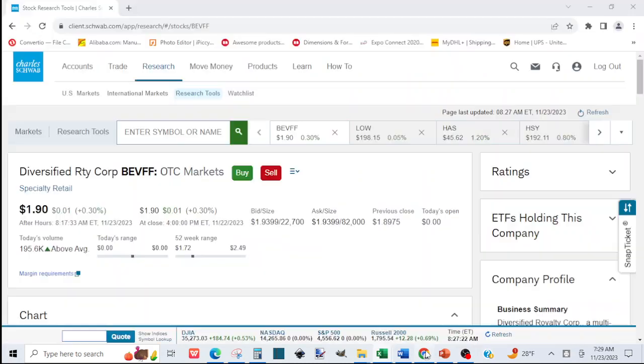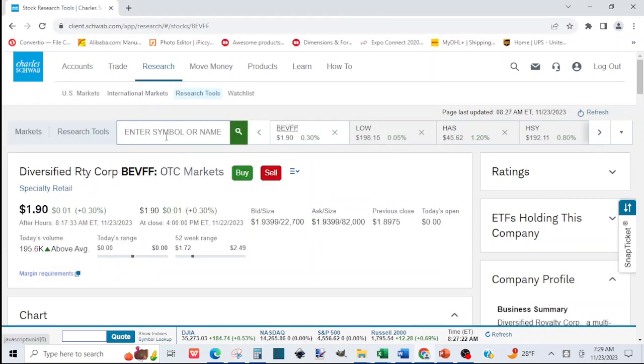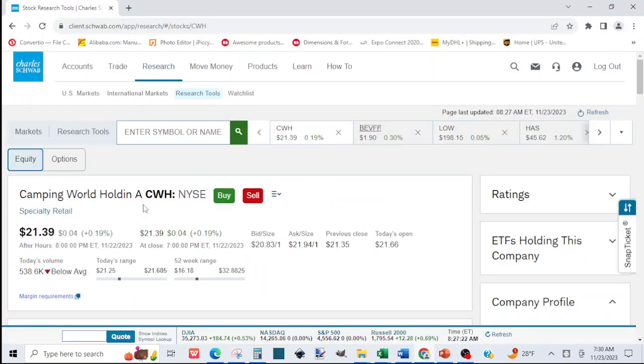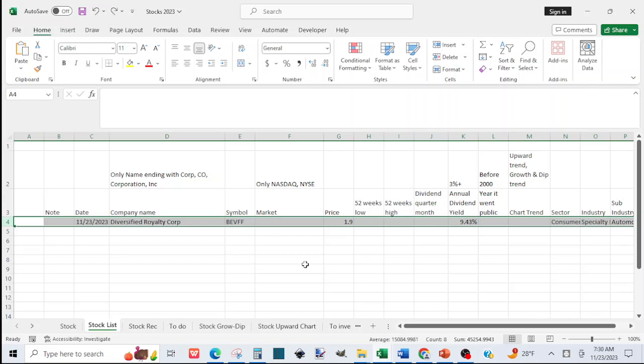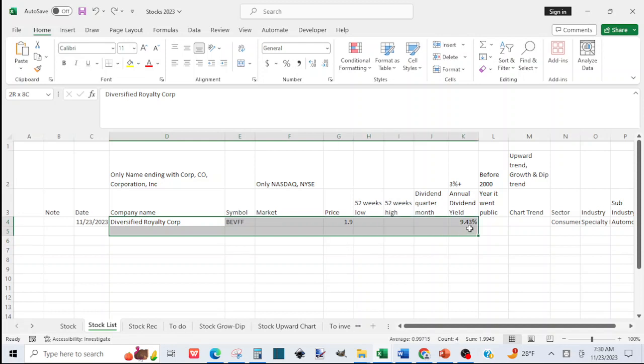So now let's go back to it. Which one is the next one? It is CWH. So CWH, Camping World Holding. We want to make sure that is the name, Camping World Holding Inc. Camping World Holding Inc. is on NYSE. So you'll enter that on your spreadsheet. And since we have that one, let me undo what I did on this so that I can keep some information of it.